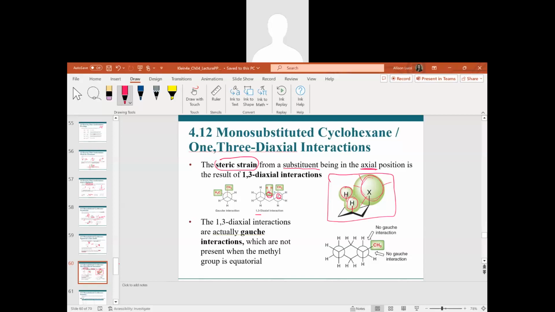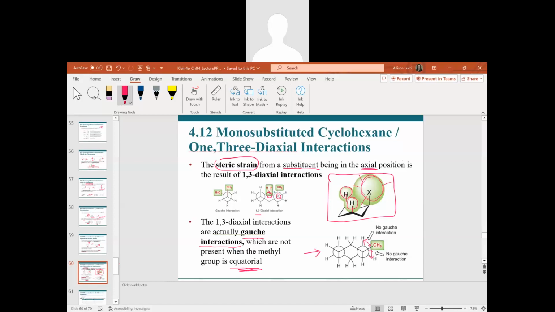So this is when they are in a gauche position or conformation. We see this present in the axial position specifically, but it would not be present when the methyl group is in the equatorial position. So we can see here there's none of that steric interaction that there is with the axial position.